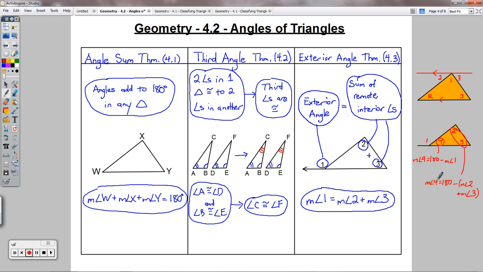So that means you have the measure of angle 4 here and here. You've got 180 minus the measure of angle 1, which would have to equal, based on the transitive property, 180 minus those two added together.